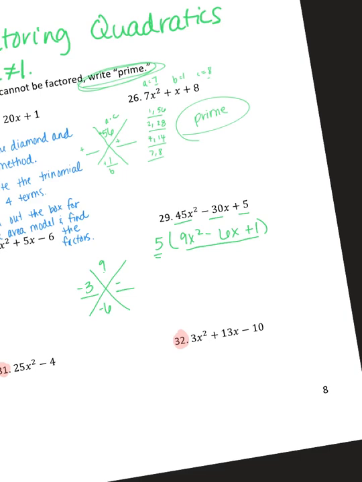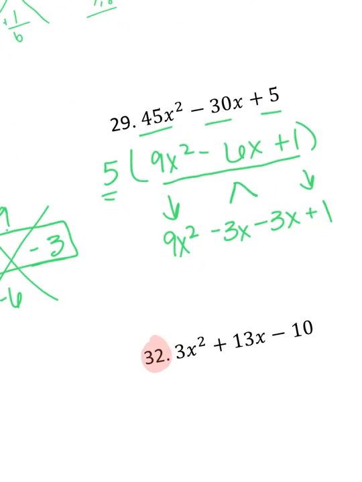So negative 3 times negative 3 is a positive 9, and negative 3 plus negative 3 is a negative 6. So now that we have our two numbers from our diamond, we're going to split our b term into negative 3x and negative 3x, bring down c, and bring down a. Okay, and then we're going to go ahead and put this in the area model. So let's make our box.